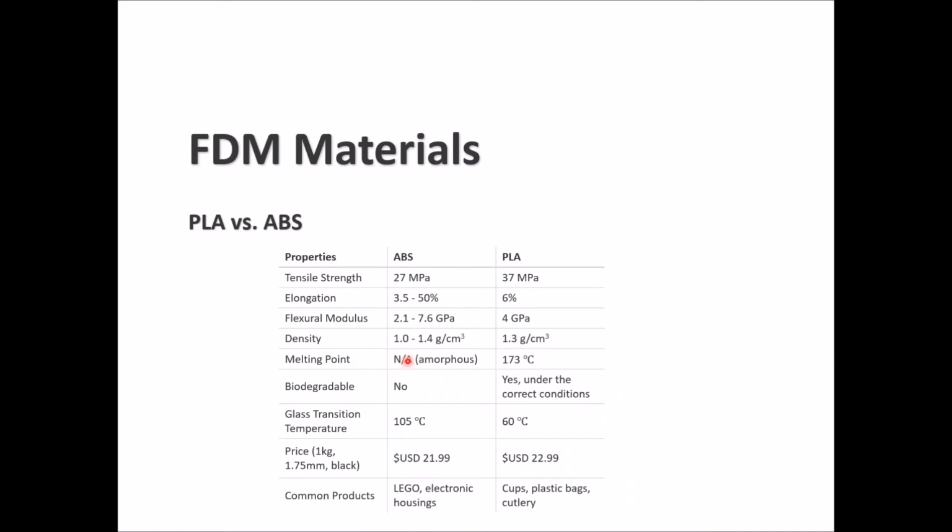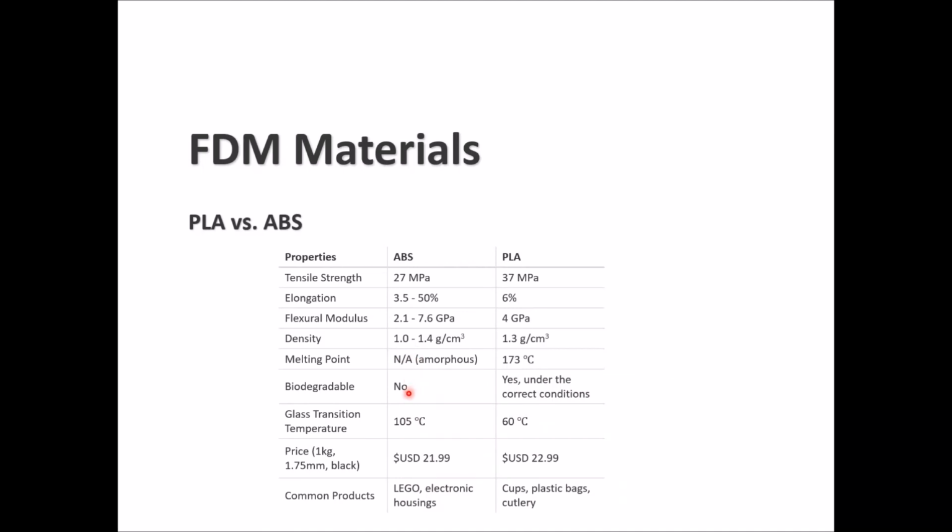For melting point, ABS is an amorphous material, so there's no number issued as of now. PLA can handle up to 173 degrees Celsius. Again, ABS has good thermal resistance, so ABS wins here, even though we don't know the exact number for the melting point.